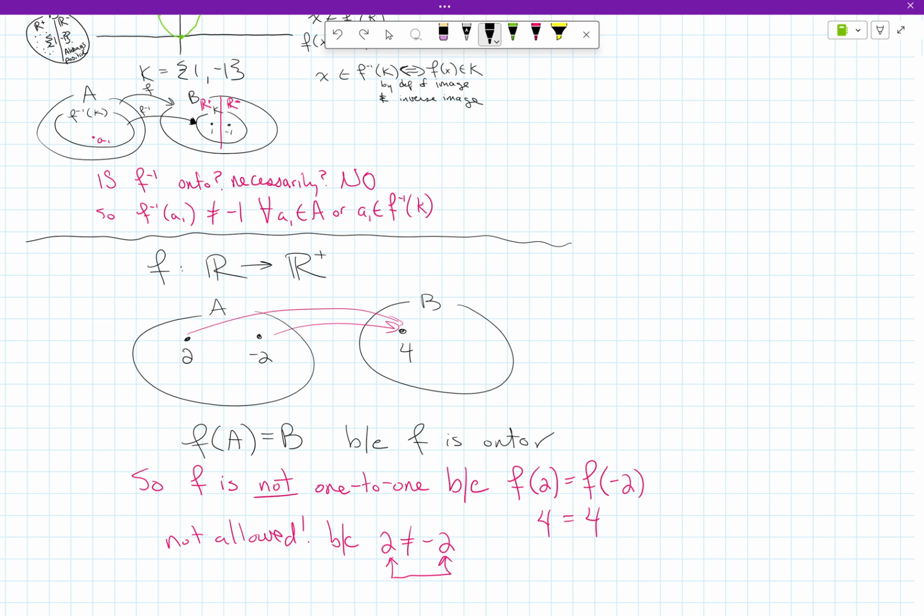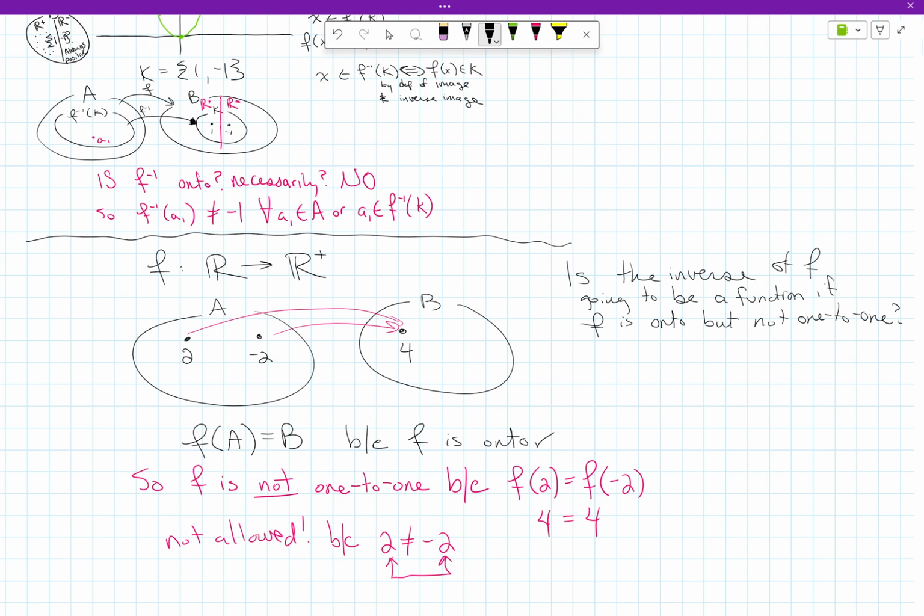So is the inverse of f going to be a function? If f is on-to, but not 1 to 1, well, it turns out the answer is no. Okay, it will not be a function.